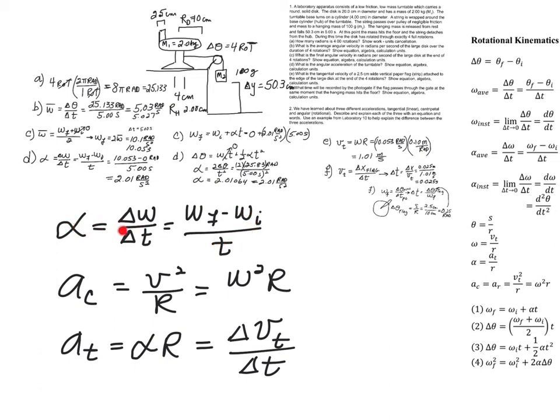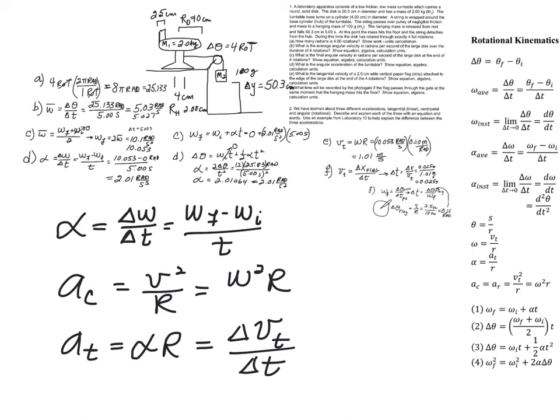So this is the definition, and those are the words that go with the definition. And an example would be the turntable. When the mass falls, the rate at which the disk is spinning spins faster and faster. And so this would be a measure or a calculation of the angular acceleration.